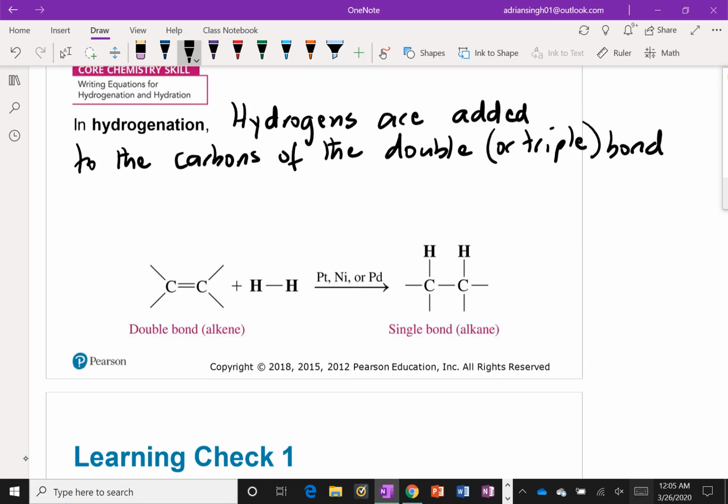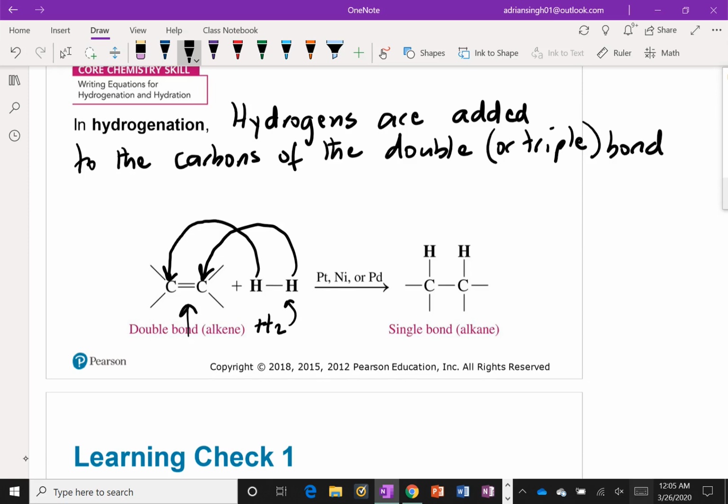So if we take a look at an alkene over here, there's a double bond. That's where all the action happens. There's our H2 or hydrogen, right? One hydrogen ends up going to one carbon and the other hydrogen goes to the other carbon.